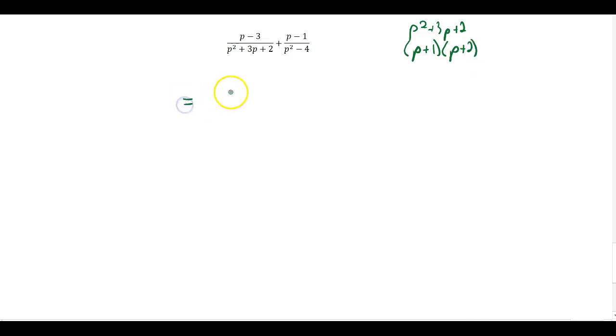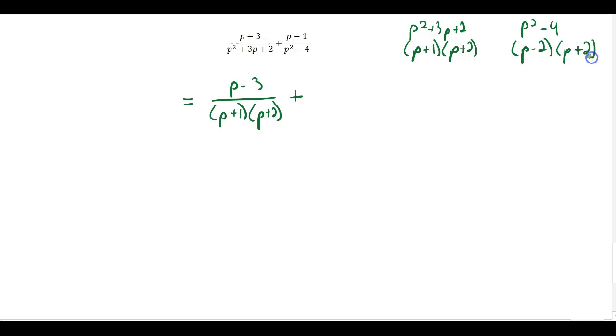So I'll end up with p minus 3 over p plus 1, p plus 2, plus, now looking at the p squared minus 4, that's a difference of squares, which will give me p minus 2 times p plus 2.